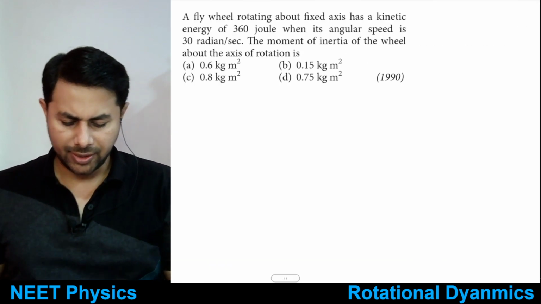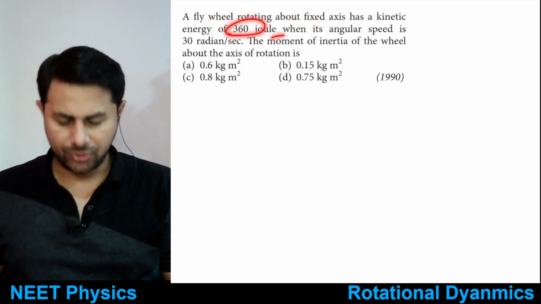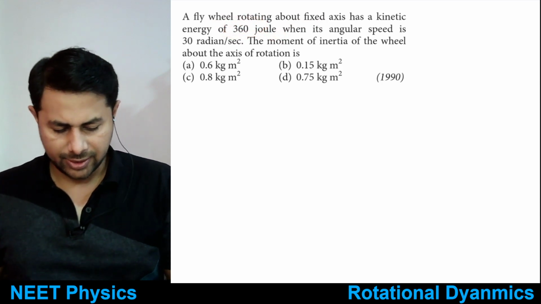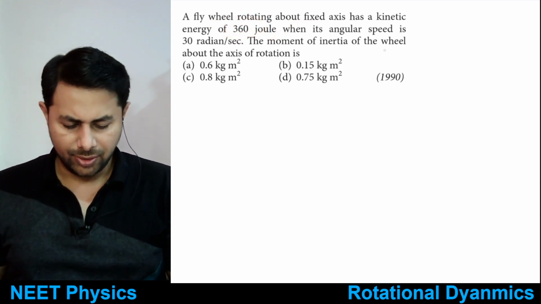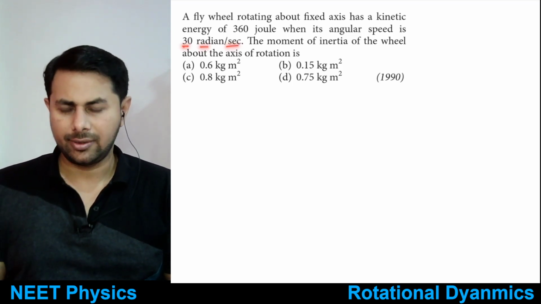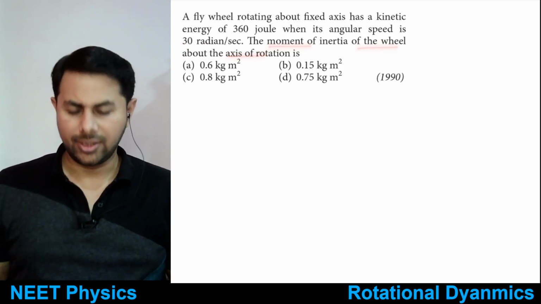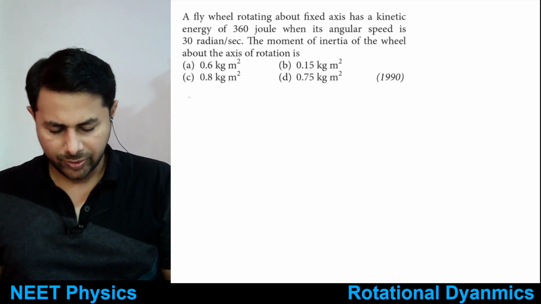Let's see the next question. A flywheel rotating about a fixed axis has a kinetic energy of 360 joule when its angular speed is 30 radians per second. Then the moment of inertia of the wheel about the axis of rotation is? Very straightforward question.